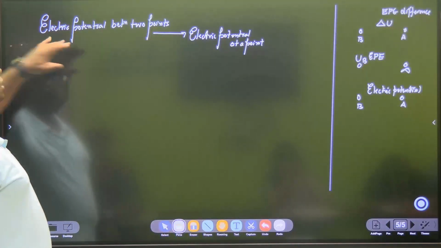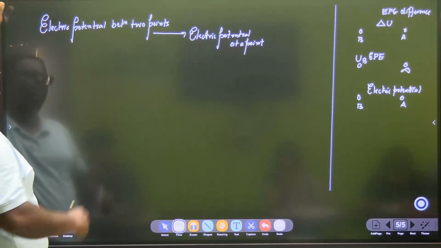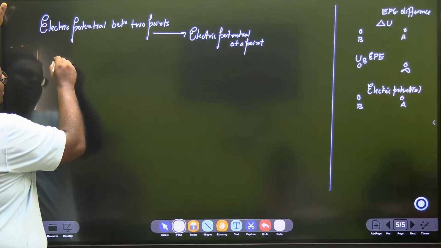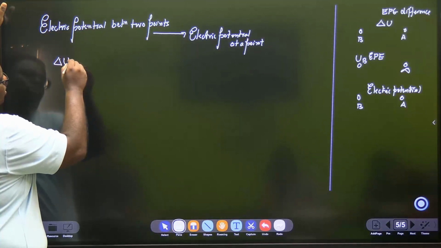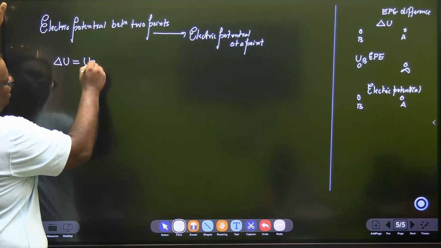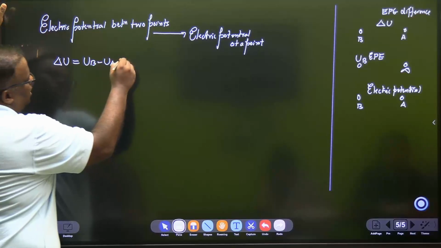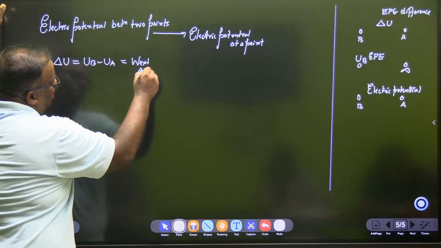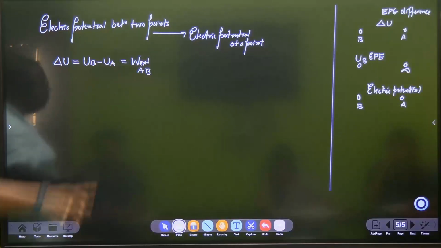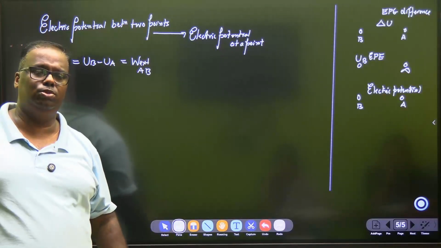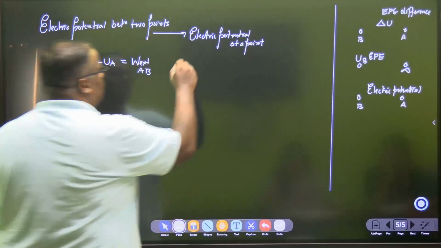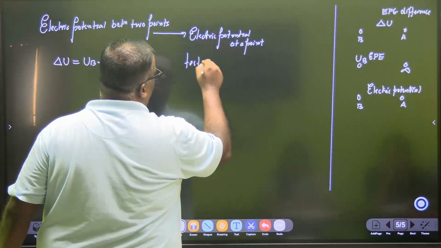Between these 2 points, you created a delta U in the format of UB minus UA, which you said was the external work you did in moving from A to B. For whom did you do this external work? For a test charge.